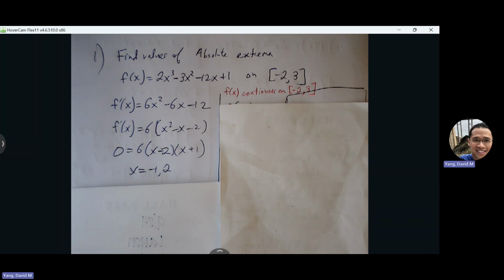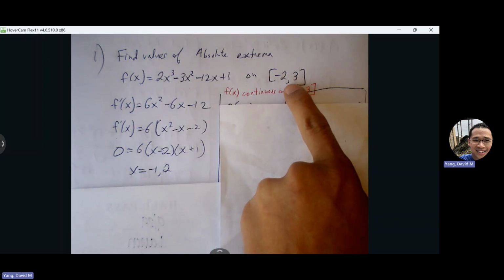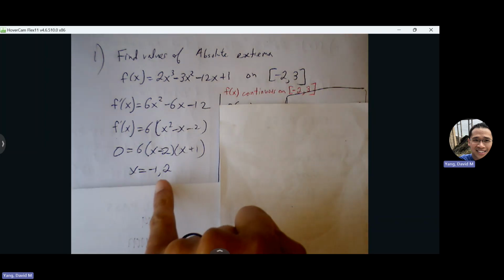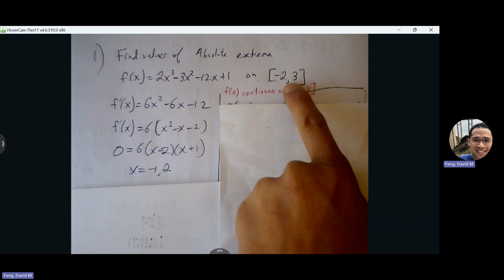What do you guys think? Okay, the way we tell is we look at our endpoints and see, do our critical points land outside or inside the interval? If it's outside the interval, then we don't want to test it. We only want to test what's inside the interval and the endpoints.